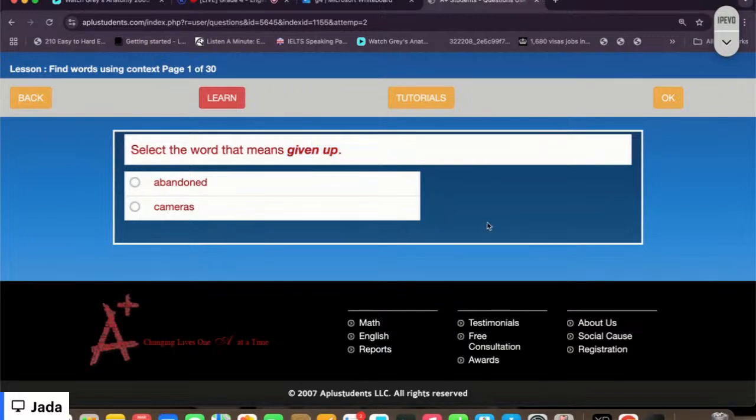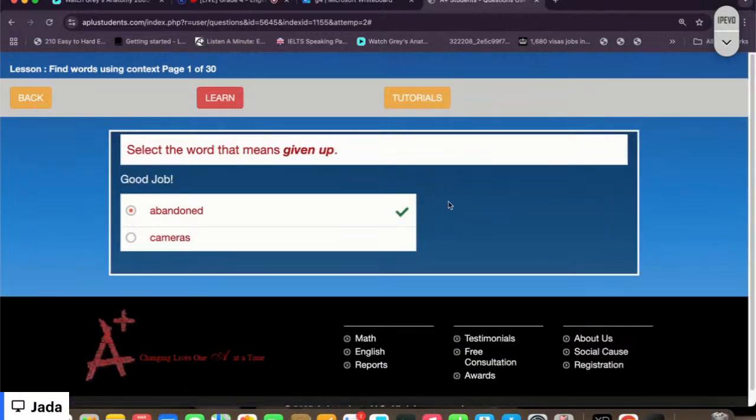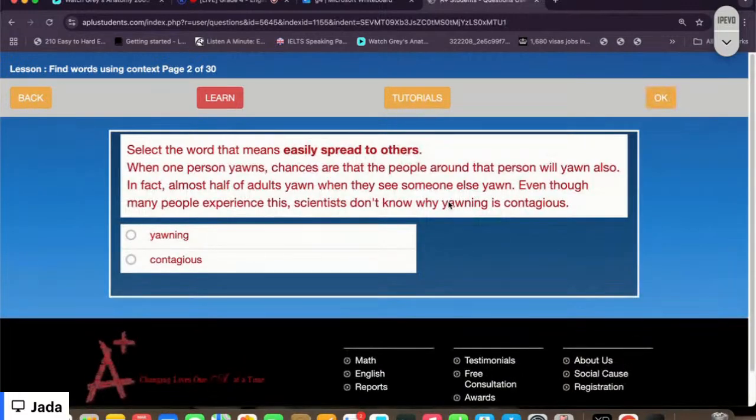So we can pass that as what? Abandoned. So if you give up or given up, it is abandoned.